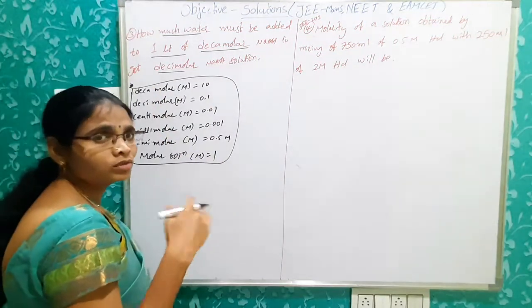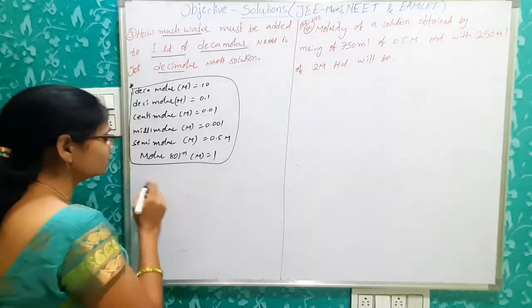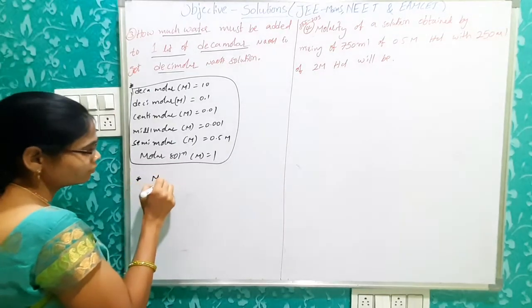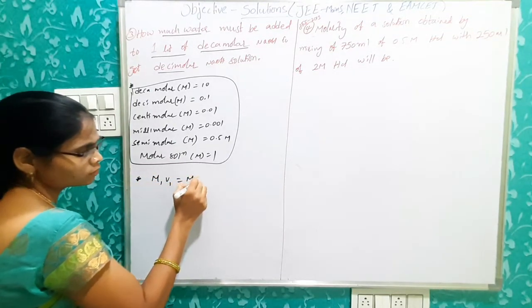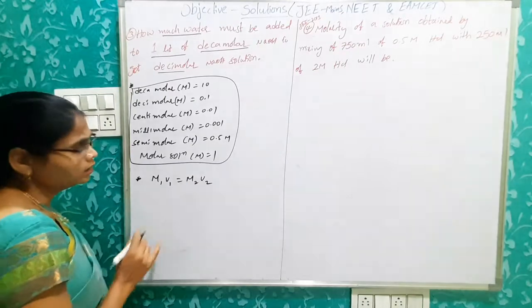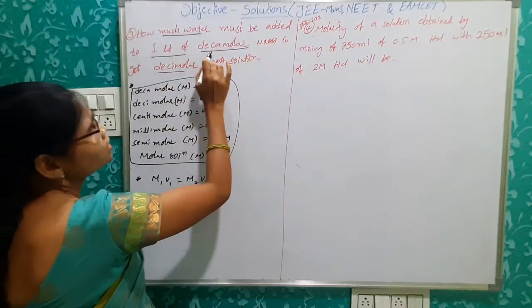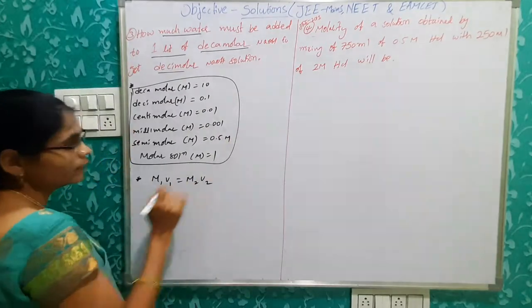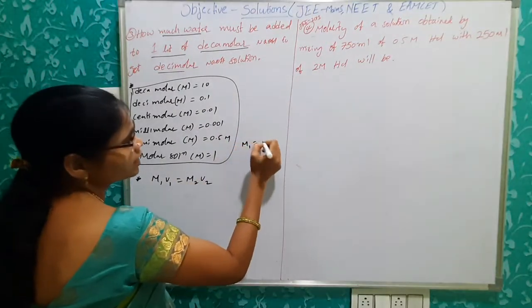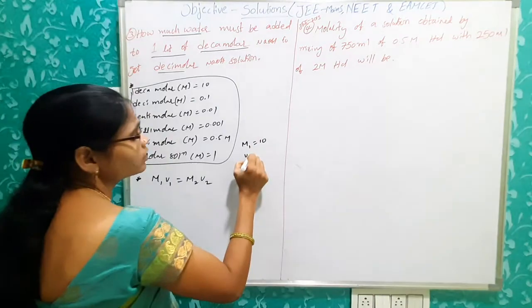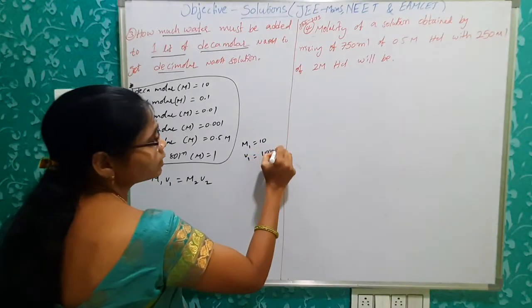By adding water, the solution will be diluted. For a dilute solution, what is the formula? M1V1 is equal to M2V2. Before dilution, 1 liter of decamolar solution: here M1 is 10, V1 is 1 liter, nothing but 1000 ml.